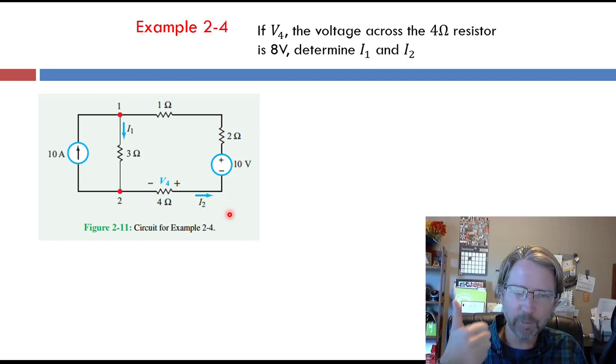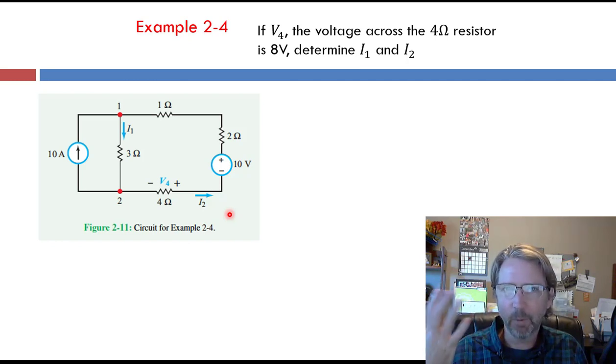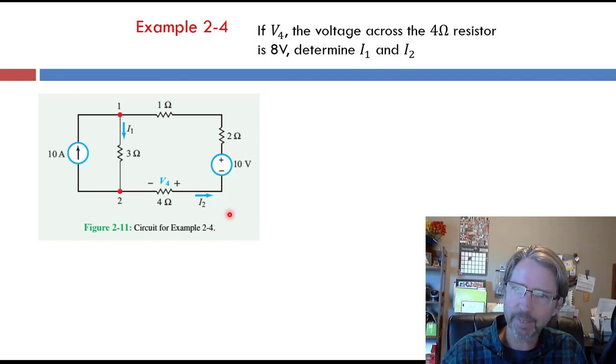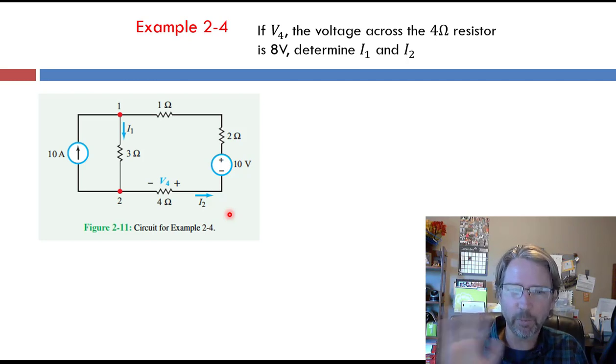We know we have Ohm's law, we have Kirchhoff's current law, and we'll have Kirchhoff's voltage law in just a second. But we don't have node and mesh analysis, which are going to be step-by-step processes. So at the end of this class, you'll be able to do this much easier than right now. For now, we're just going to throw a bunch of equations at it and see what sticks.